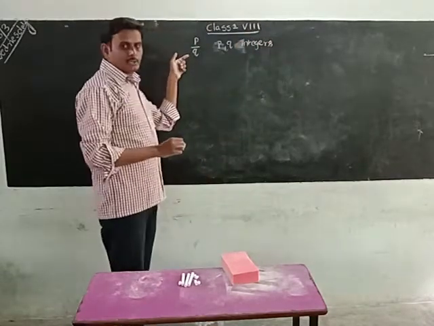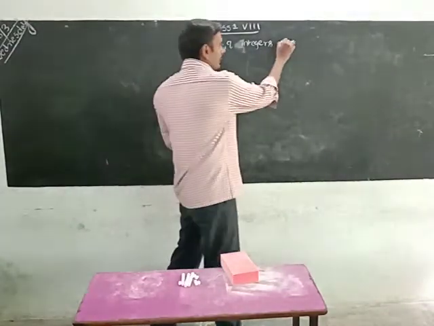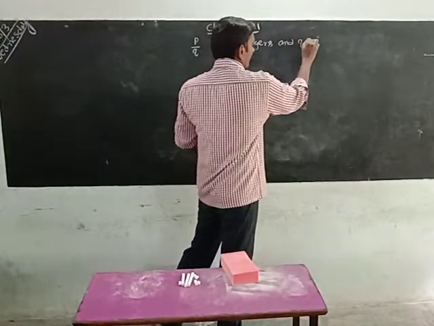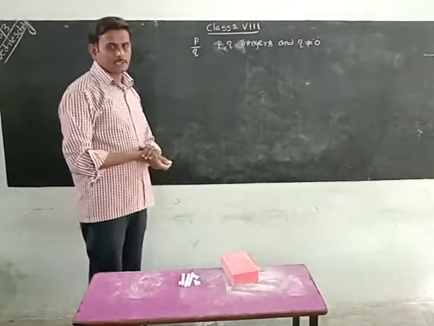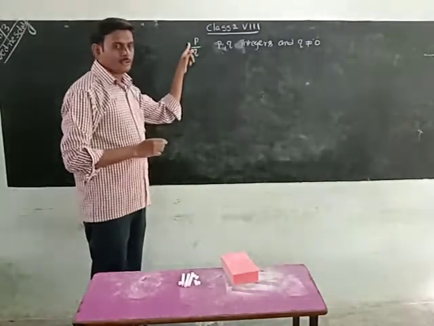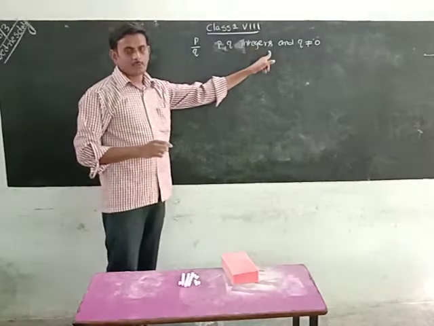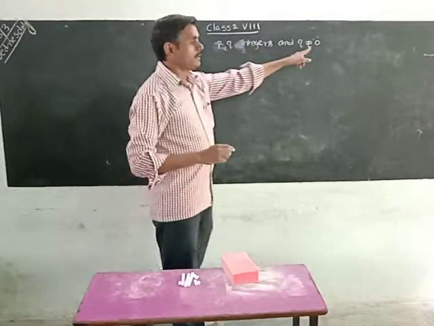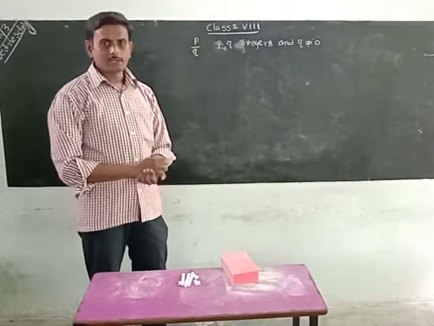A number which is in the form of p by q, where p, q are integers and q is not equal to 0, is called a rational number.